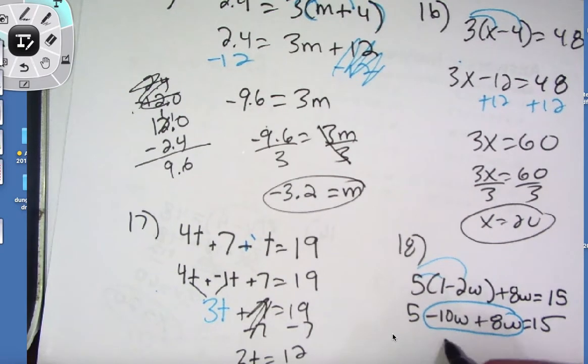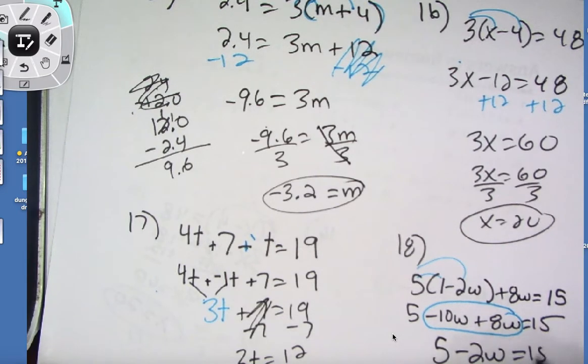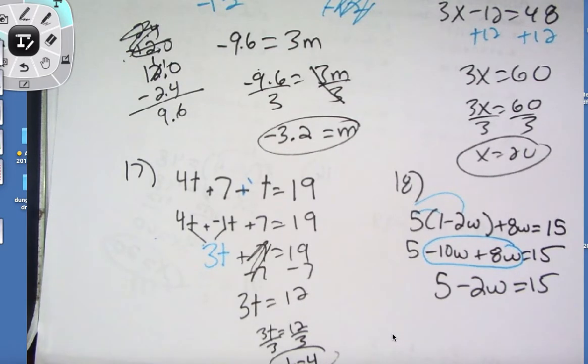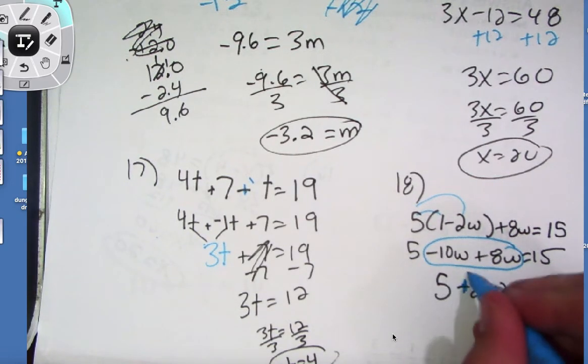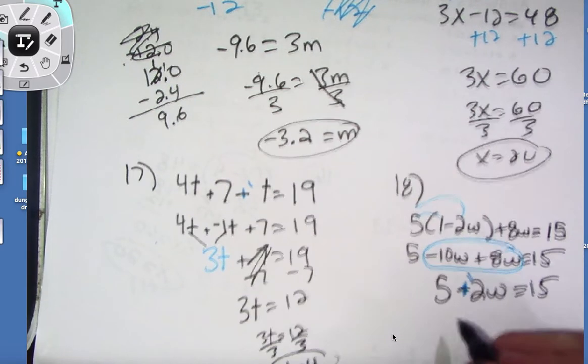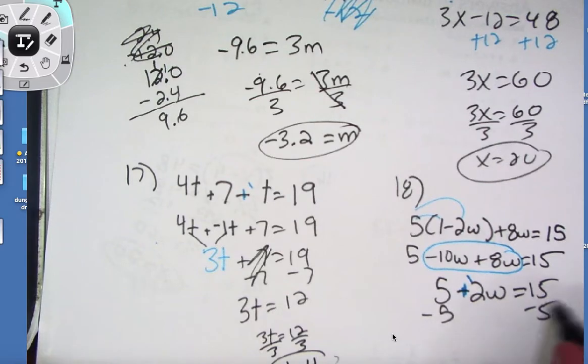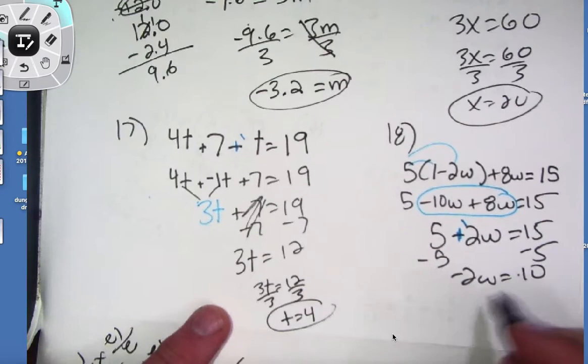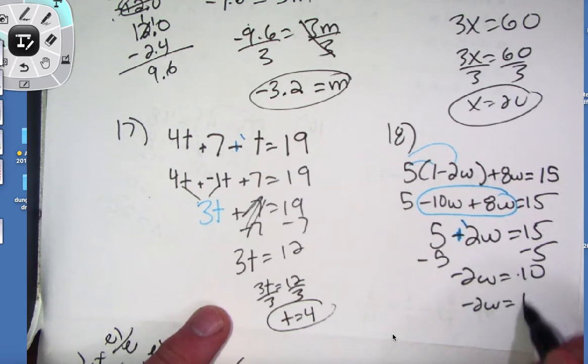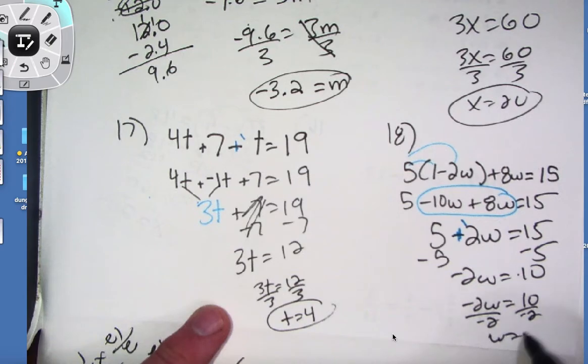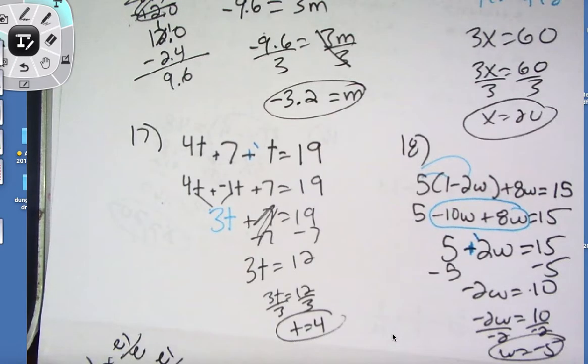It'd be negative 2w. So 5 minus 2w equals 15. Sometimes it's nicer if you do plus negative, helps yourself, right? So we're going to take away that positive 5. You get negative 2w equals 10. And then in our last step, we divide both sides by negative 10. W equals negative 5.